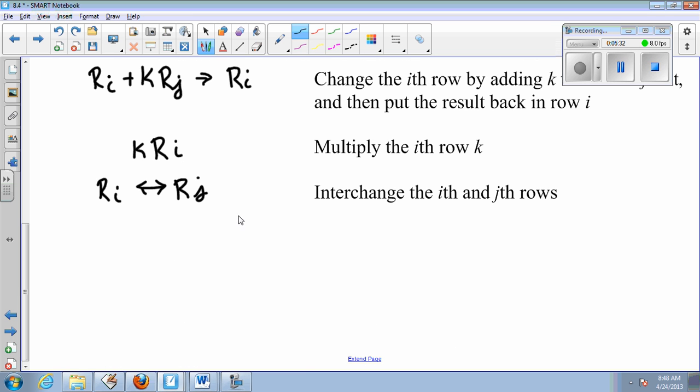So using elementary row operations, we want to get this into row echelon form. And our matrix will look something like this.